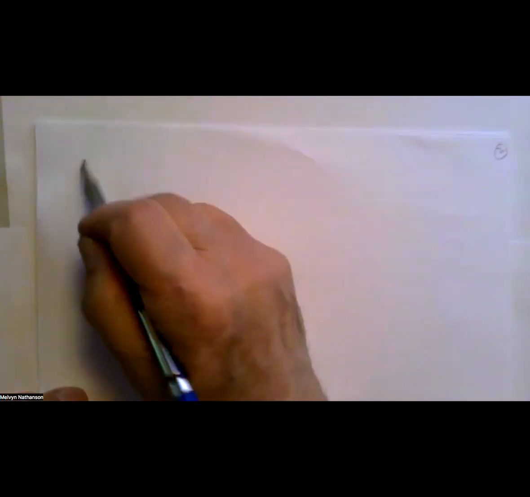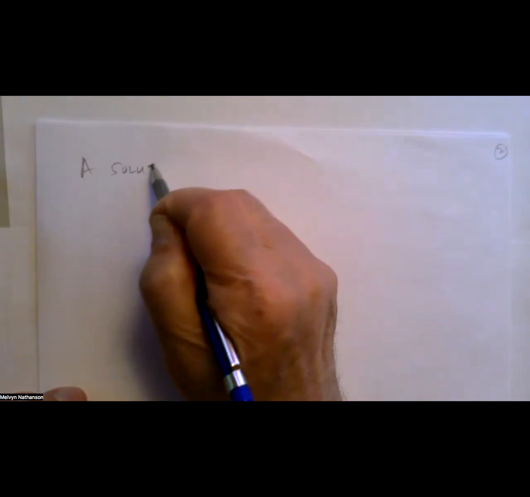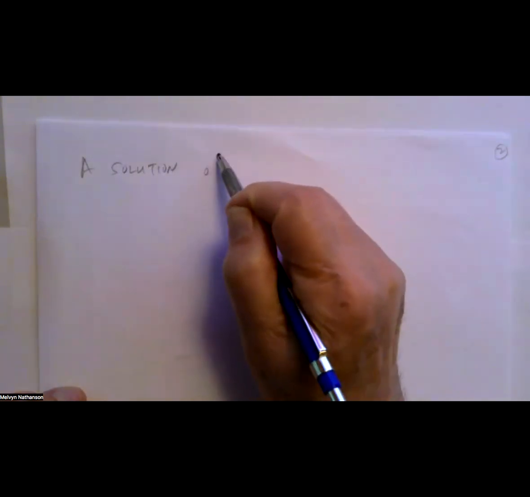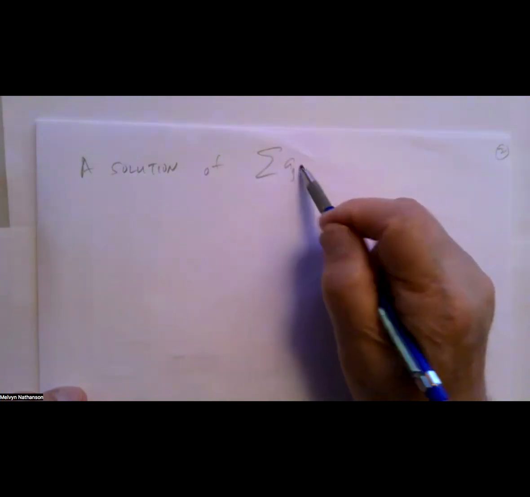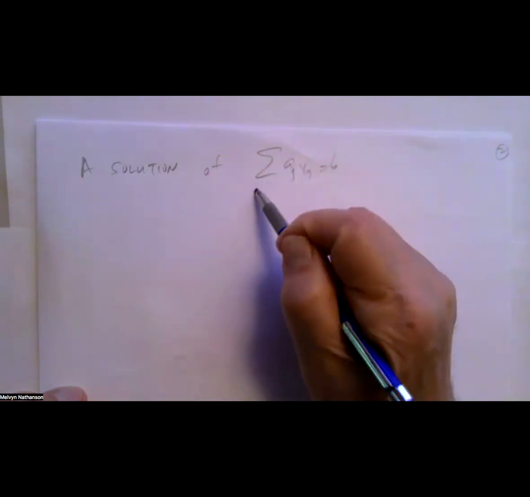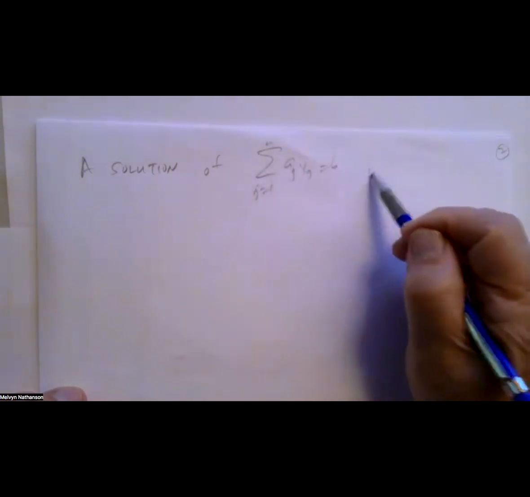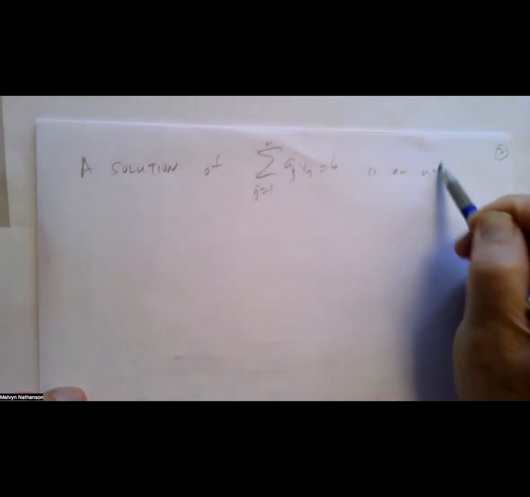So what we call a solution of an equation, summation a_j x_j equals b, j goes from 1 to n, is an n-tuple.